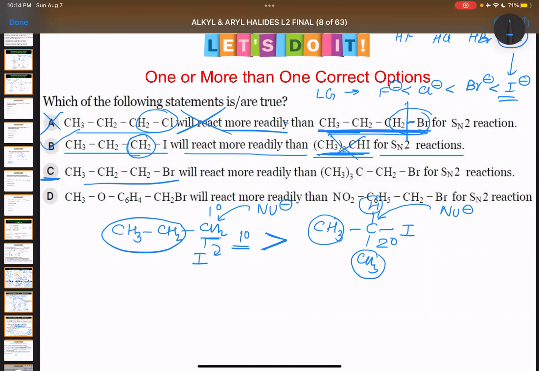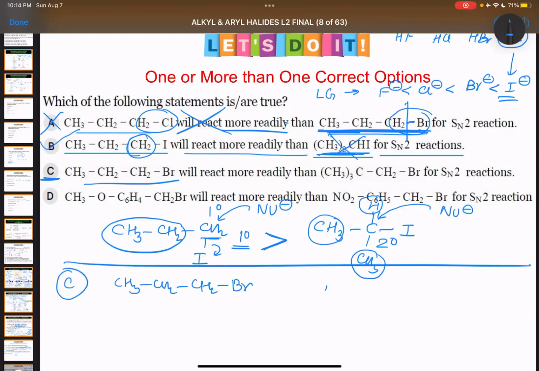If in case of any confusion, what you can do is write their detailed structure. Which one do you expect? This is neopentyl. Do remember the common name.